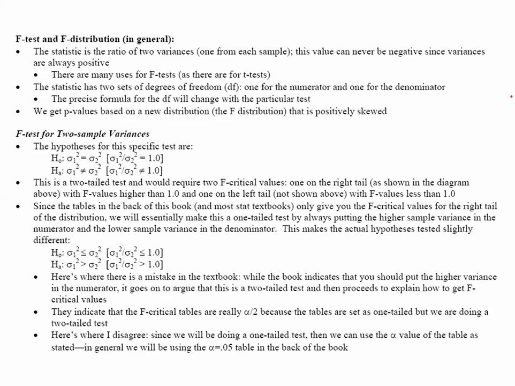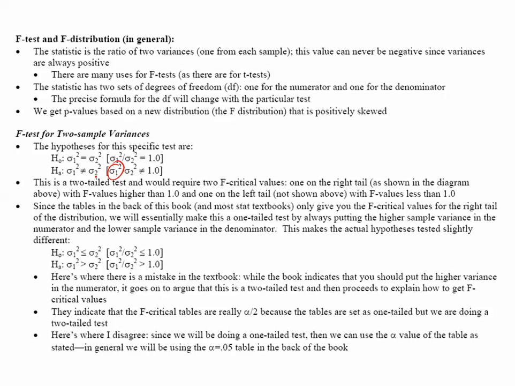The hypothesis for the specific test is: is the ratio of the two variances equal to 1? That would just mean that they're basically equal. Or is the ratio of the two variances not equal to 1? Since we define the top variance as the larger one, we're really saying the alternative is that the variance of the first is higher than the variance of the second.